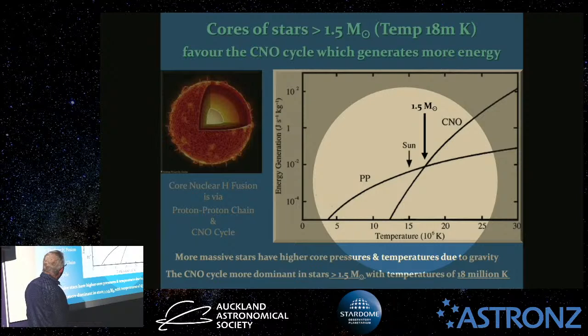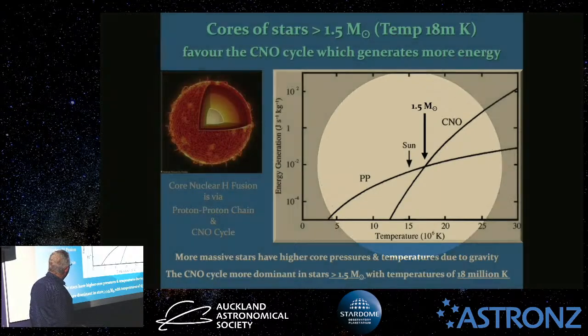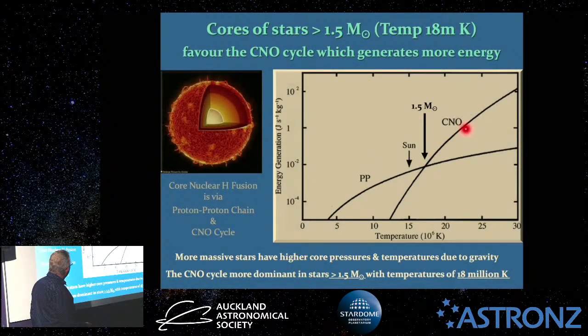Over 1.5 solar masses, you've reached a critical amount of matter and a critical temperature, where you suddenly get past that barrier of about 18 million degrees at its core, and suddenly, as you can see here, the CNO cycle becomes the predominant method of fusing hydrogen to helium.